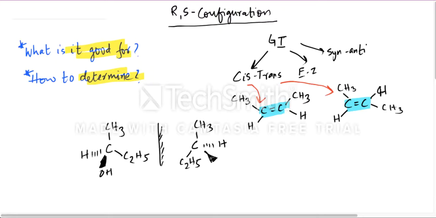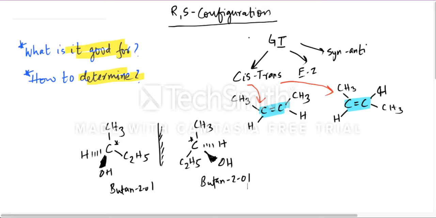Both have a chiral center, and we can have two different configurations. To assign an unambiguous configuration to these two molecules, we resort to RS configuration. Of these two butan-2-ol molecules, one will have R configuration and one will have S configuration. So basically we can conclude the importance of RS configuration and where it will be used.